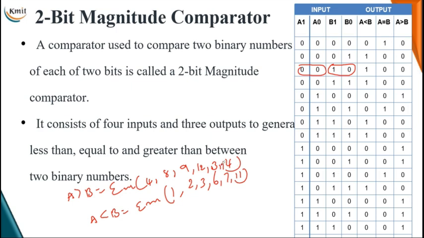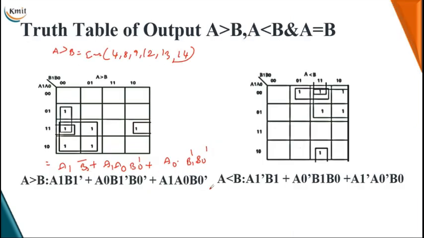So these are the minterms of A less than B. For A less than B, the minterms are sigma m of 1, 2, 3, 6, 7 and 11. Let me map your function.